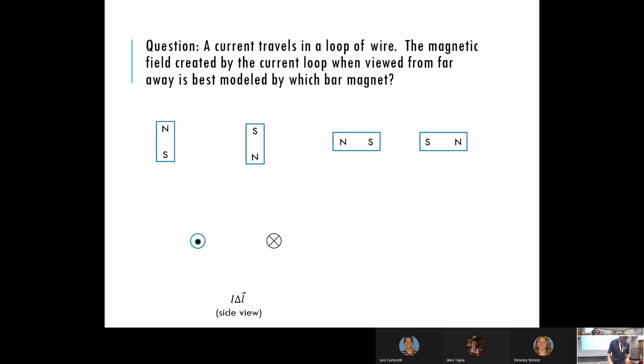I'll attempt to draw it. Imagine a loop of wire where we've taken a slice, and the current runs like this, out of the board and into the board.